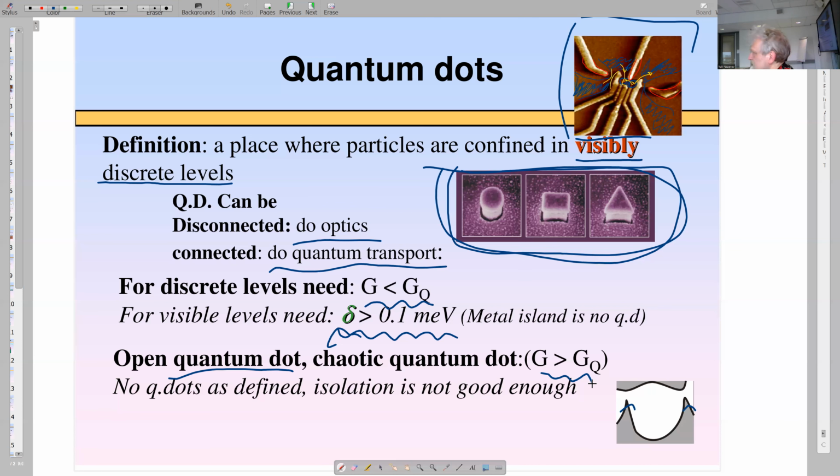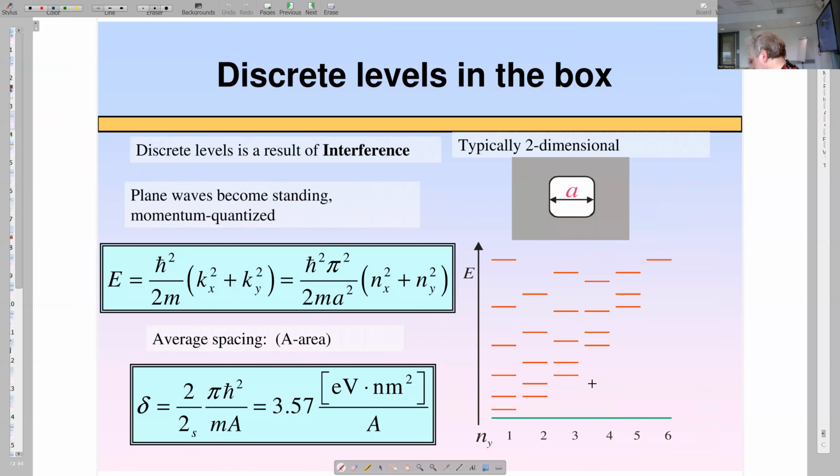Good. Quantum dots, as I said, the spectrum must be quantized. Let us see how it works. Let us take something simple. Let me take, okay, I'm in a two-dimensional gas. It's a simple two-dimensional geometry. Of course, there are also three-dimensional dots. But let us talk about two dimensions. Let us assume that we manage to make potential gates such that there are hard walls in both directions.